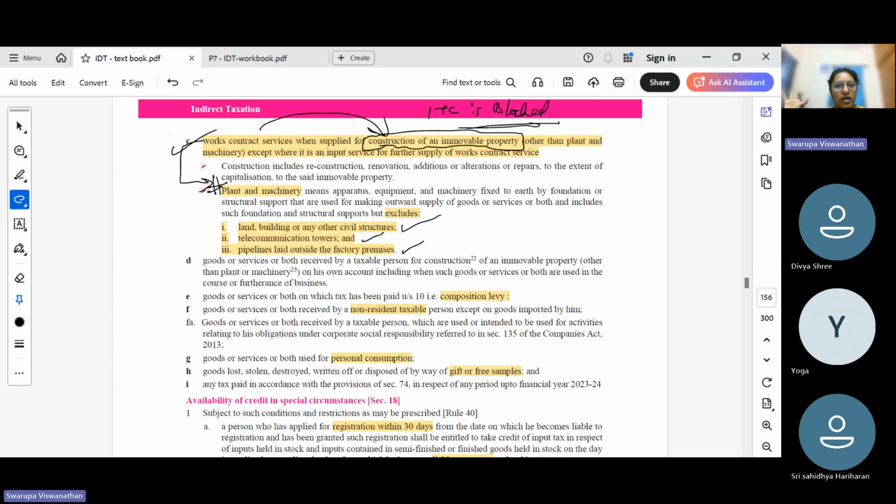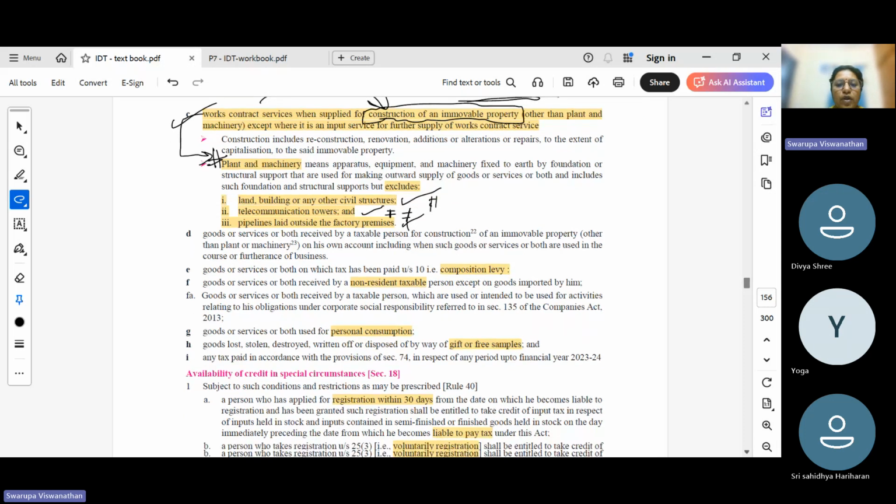So any works contract service that is used for construction, ITC is blocked unless it is used for plant and machinery. And under plant and machinery also, pipeline, telecommunication towers, the credit is blocked. Pipelines and telecommunication towers, this is very important. Please note this down. These three exemptions with respect to works contract.